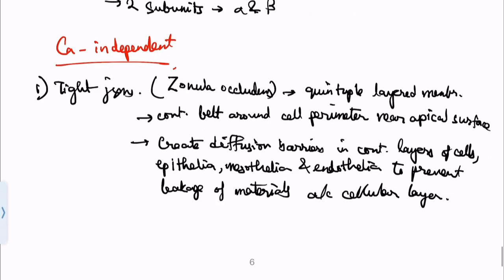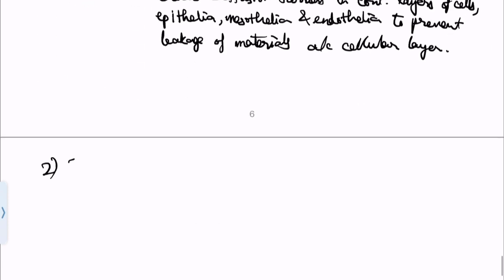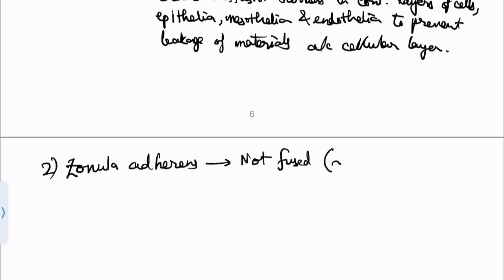Moving on to zonula adherens. Now, zonula adherens are not fused. A distance of around 20 nanometers is present between the two cells at this location.